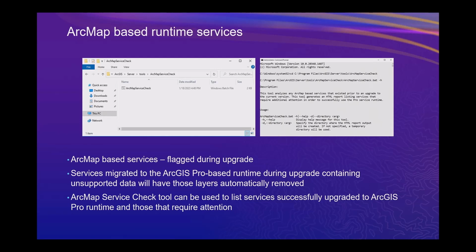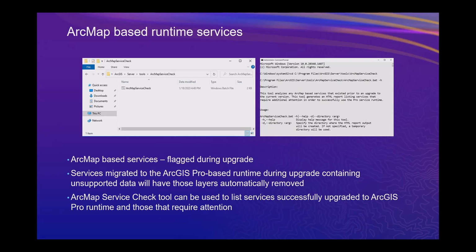Any services that cannot be migrated to the ArcGIS Pro-based service runtime, so think anything that uses SOEs, SOIs, geoprocessing services, really anything that uses Python 2.7, will show a stop state after the upgrade is complete and will need to be republished manually to use again.